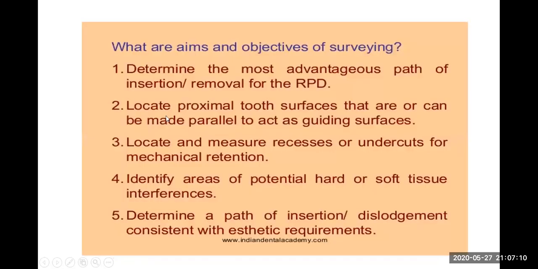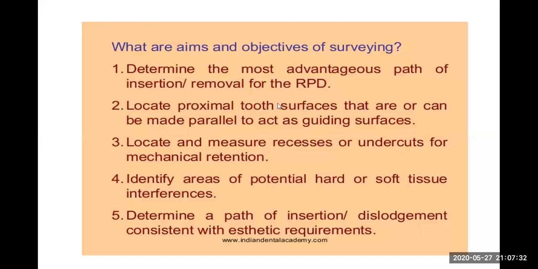Then you'll be able to determine which is suitable for the appliance you want to produce and which is not suitable. What are the aims and objectives of surveying? One, to determine the most advantageous path of insertion and removal. I think we have said that over and over again. Locate proximal tooth surfaces that are or can be made parallel to act as guiding surfaces.